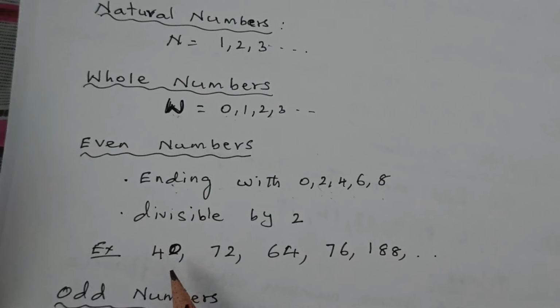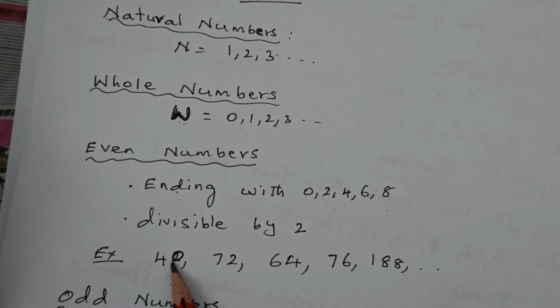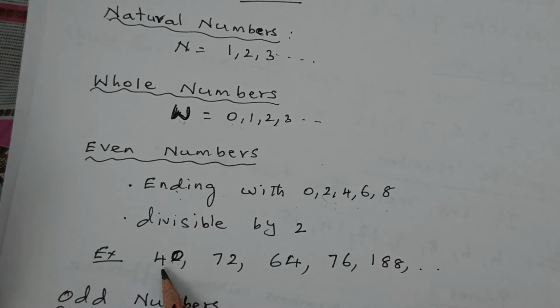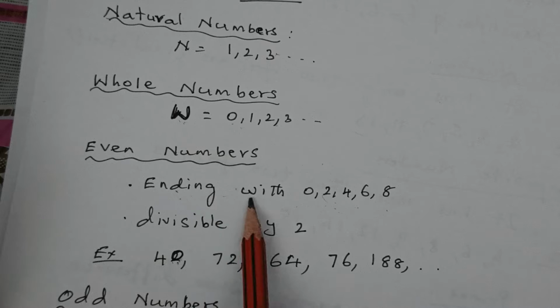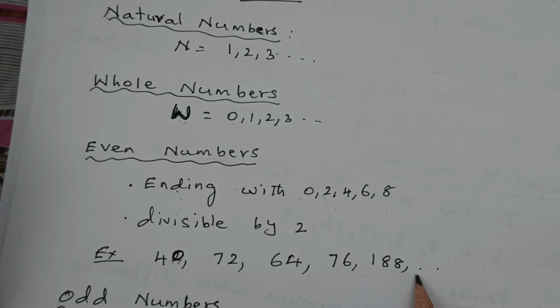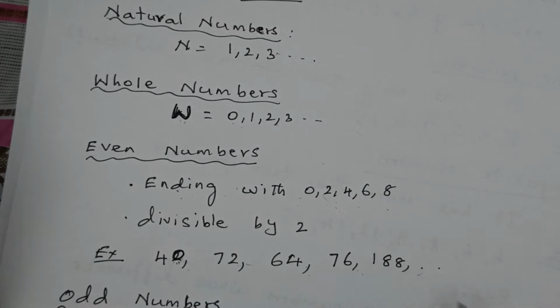If you see the example, you'll understand better. 40, 0 is in ones place. We can say it is ending with 0 or the ones place digit is 0. So we can define in two ways. Numbers ending with 0, 2, 4, 6 or 8 are even numbers, or if the ones place digit is 0, 2, 4, 6 or 8, they are called even numbers.